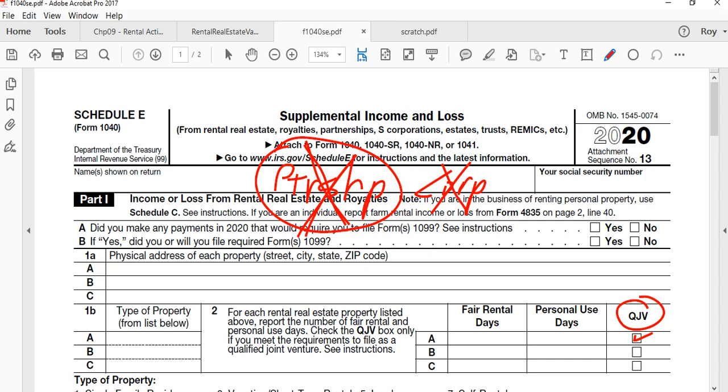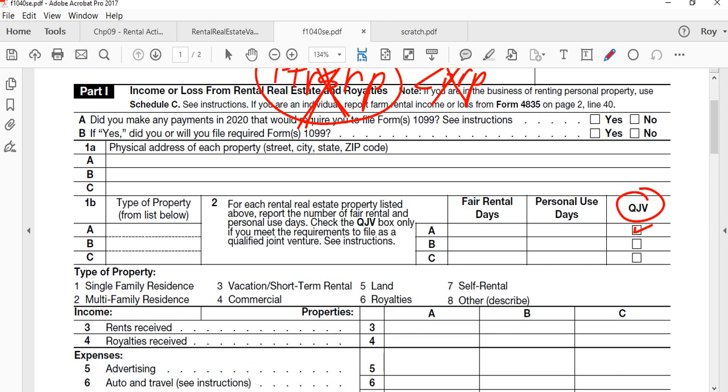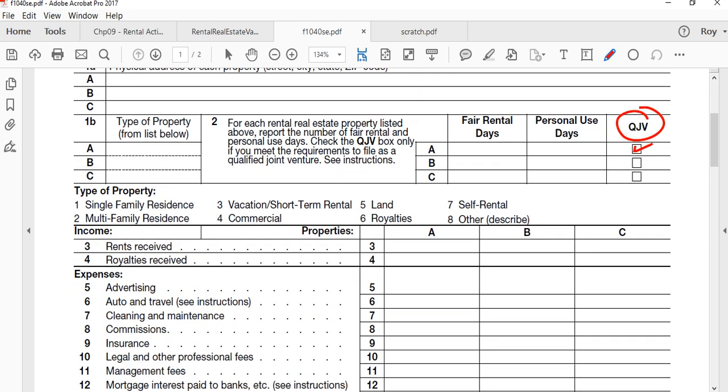What you can do is report their share of the rental property on their Schedule E. So if you're one of the siblings and you own 50% of the property and your brother or sister owns the other half, you can report just your half of the property's income and the deductions on your Schedule E.